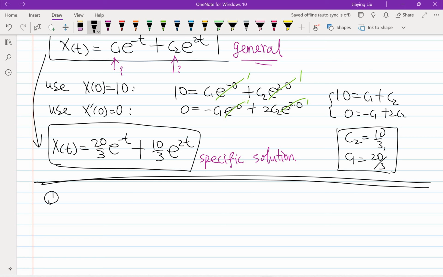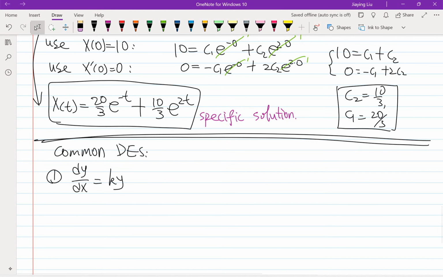So this is the common differential equations. The first one is dy dx equals ky. And the solution has the form y of x is equal to C, some constant C, e to the kx.